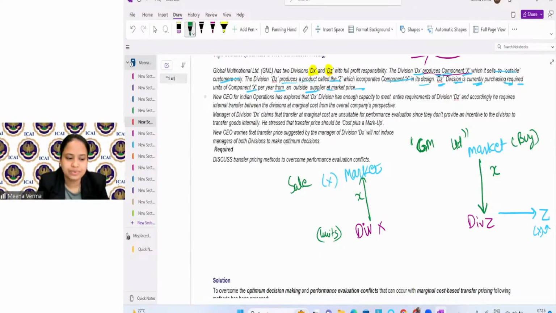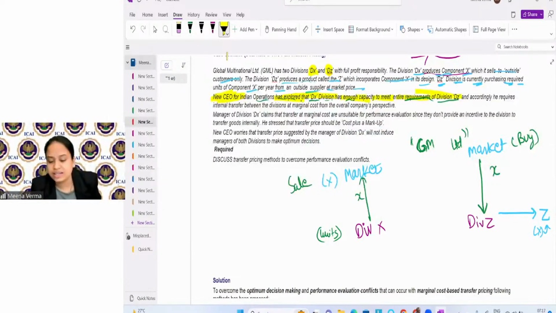What else? The new CEO for Indian operations has explored that DX division has enough capacity to meet the entire requirement of DZ. Look at what is written: a new CEO has been appointed in this company, and he explored that DX division has enough capacity that they can produce and transfer the entire goods to DZ.